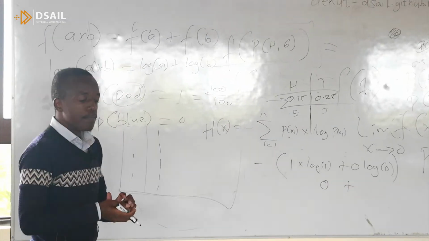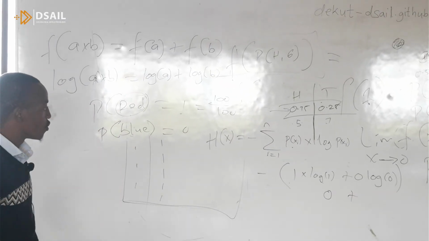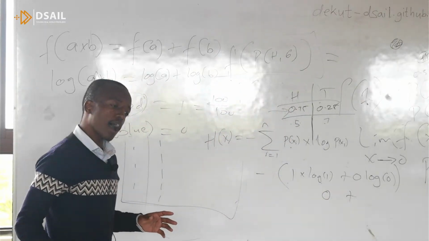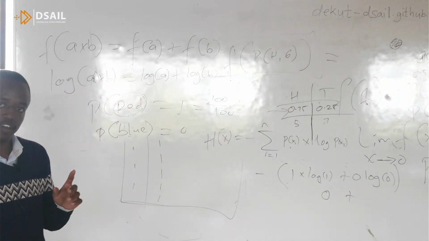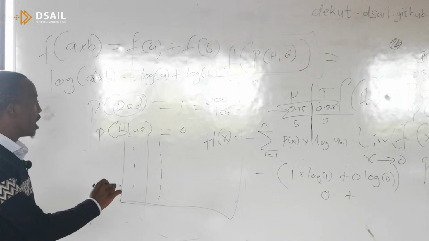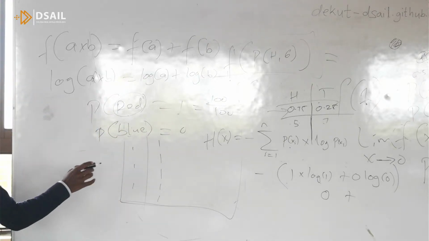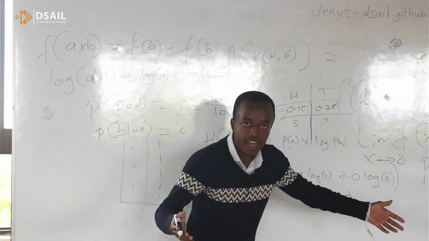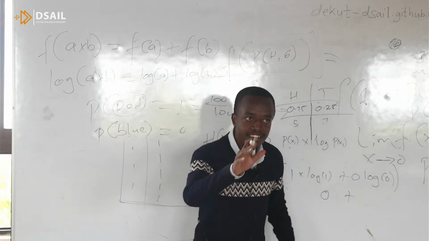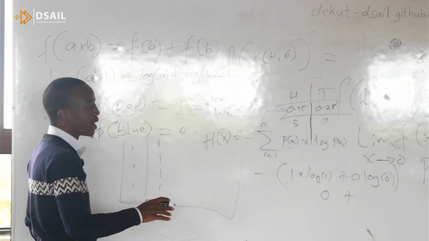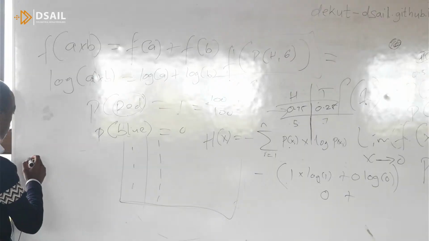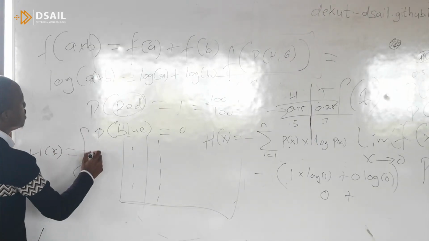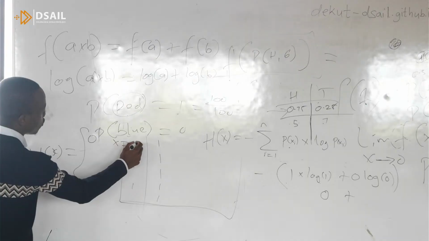Now, a caveat to our function H of x: 0 times log of 0 has an issue of being undefined. Are we together? So H of x can be defined. There's a convention that this will be 0, because if the event does not occur, then it's basically 0. That's one intuition. But more rigorously, mathematically, you can define H of x to be 0 when x is equal to 0.